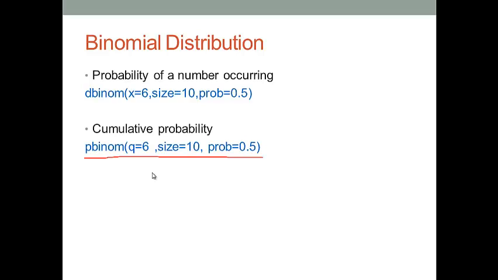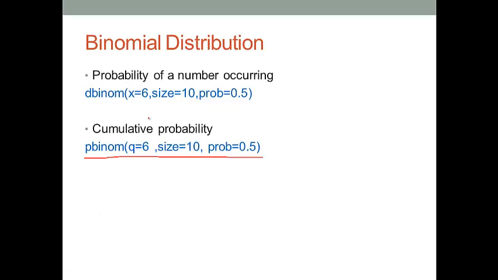That will be the cumulative probability for this pbinom calculation. The purpose of dbinom is to calculate the probability of getting exactly 6 heads among 10 coins. But the purpose of pbinom is to calculate the cumulative probability for the 6 heads standard. This is the difference between the two.